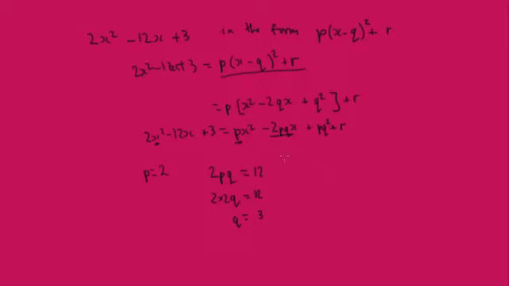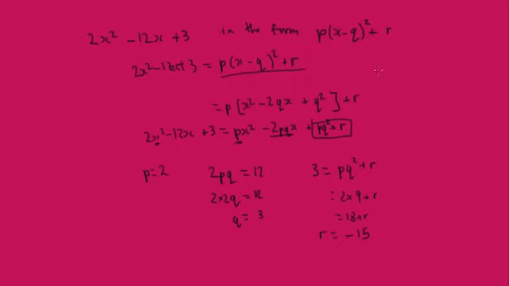And here we have the constant term at the back, 3. 3 must be equal to this, pq squared plus r. Now we know that p and q are 2 and 3, so we've got 2 times 3 squared, which is 9, plus r, so that's 18 plus r, so r must be minus 15.